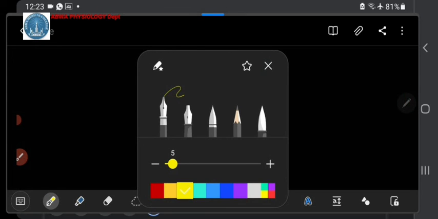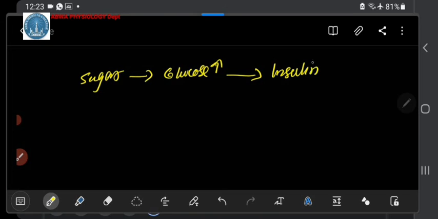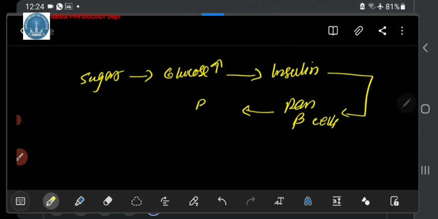For example, if we eat sugar, our blood glucose level will become high. It eventually leads to insulin, the hormone produced in the beta cells of the pancreas, being delivered into the blood by the process of exocytosis.